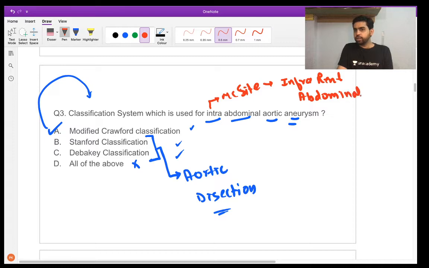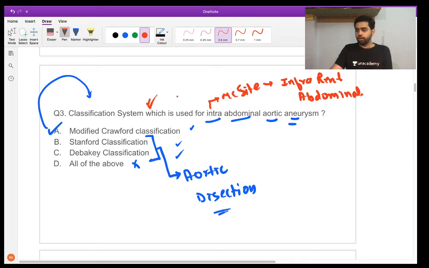After the aorta has given off its renal arteries and before bifurcating into the external and internal iliac, this particular portion is the site where the maximum intra-abdominal aortic aneurysms arise. So the most common site is the infrarenal abdominal aorta. Okay, so yes, this is about the classification system for intra-abdominal aortic aneurysms.